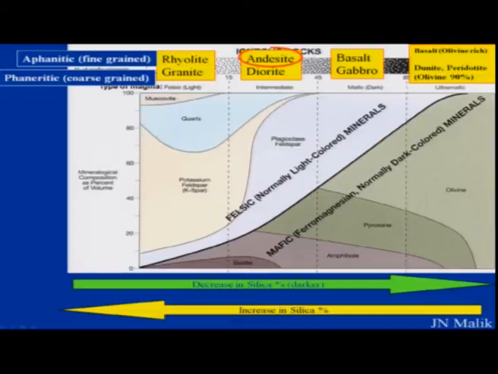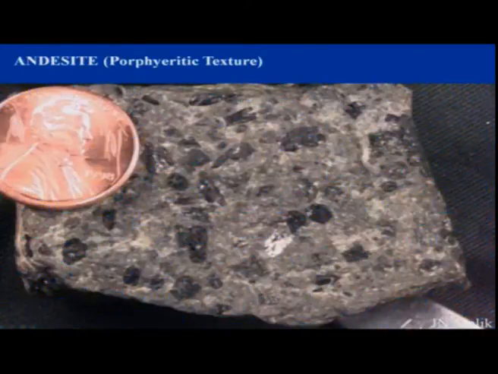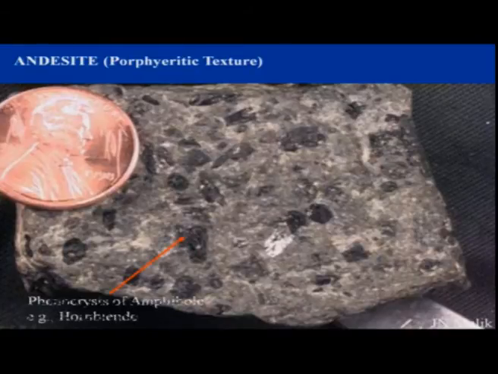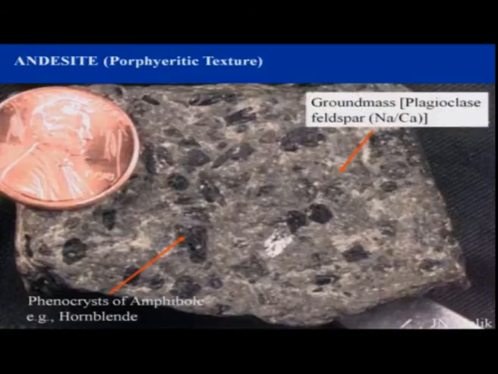And then we look at the andesite. In andesite, mostly what we see is the porphyritic texture. We see the larger ones, which are phenocrysts, and the smaller is your groundmass. Mostly hornblende crystals are seen, and the groundmass is mostly sodium and calcium calcic feldspars.